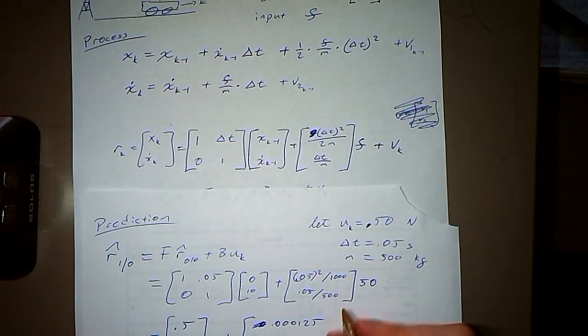Okay, and then for the next row we've got 10 plus, I guess, 0.005.